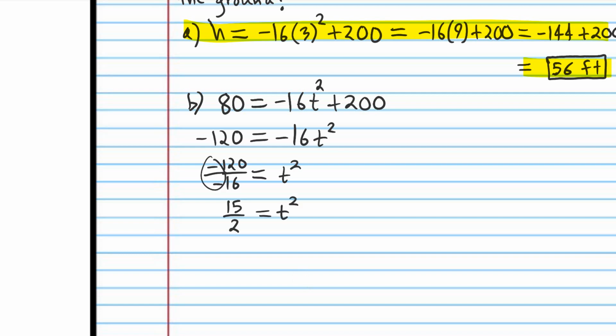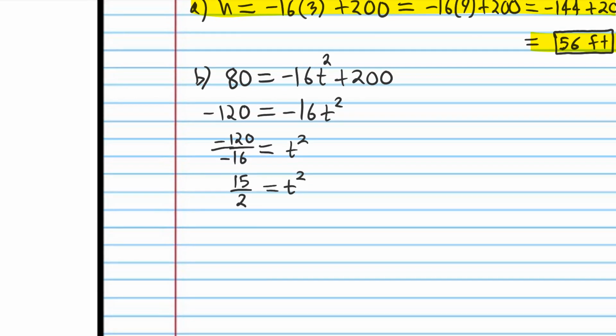And of course, a negative divided by a negative just becomes a positive, so we can get rid of the negatives. Now we've isolated the square. But we're not done yet because we have to get rid of that power. We don't want t squared, we just want t. So we have to square root both sides.